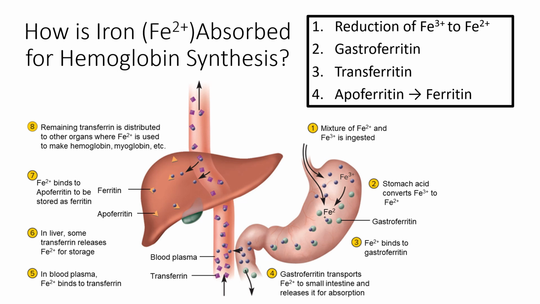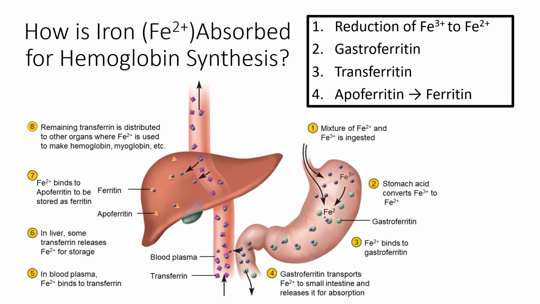Gastroferritin then transports the iron out of the stomach into the small intestines. In the small intestines, the iron is released from the gastroferritin so it can be absorbed into the blood. Once the iron is in the blood, transferrin will bind to the iron and transport it in the blood.